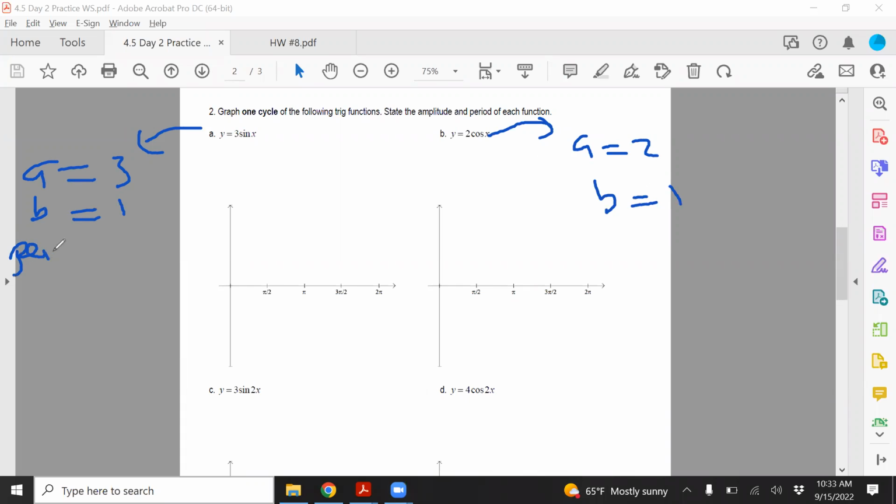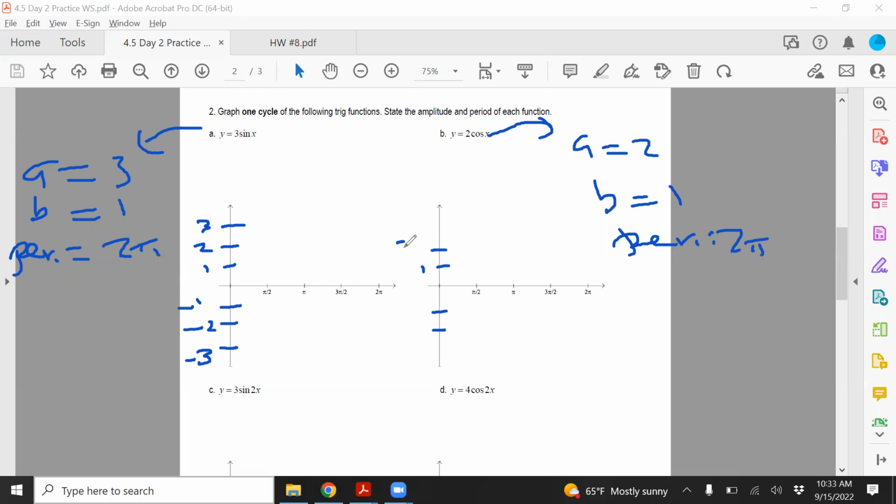So the period is 2 pi, and the period is 2 pi. One, 2, 3, -1, -2, -3. 1, 2, -1, -2.